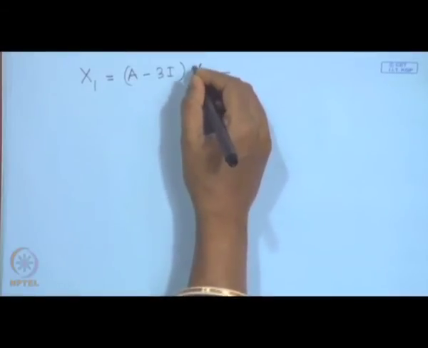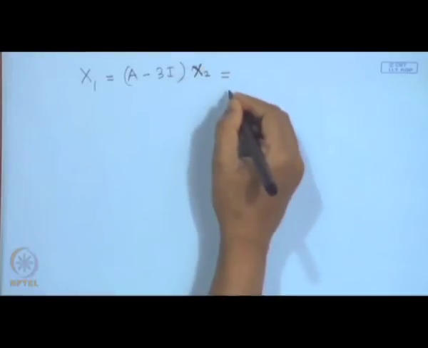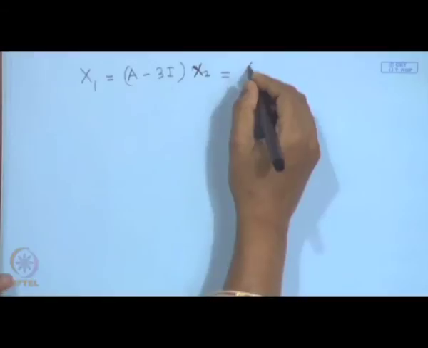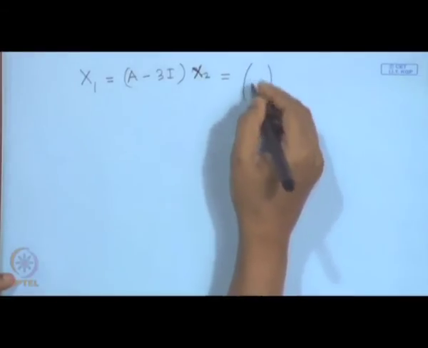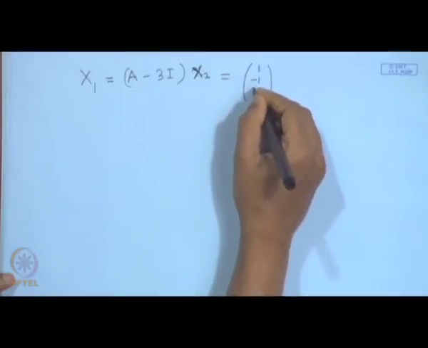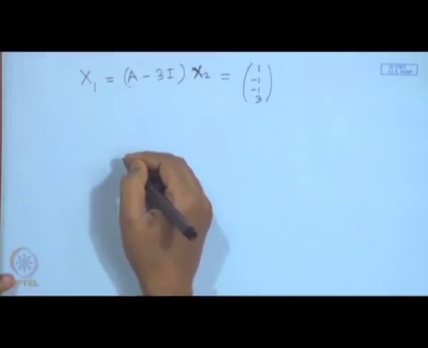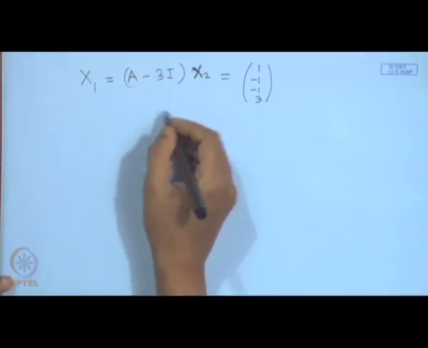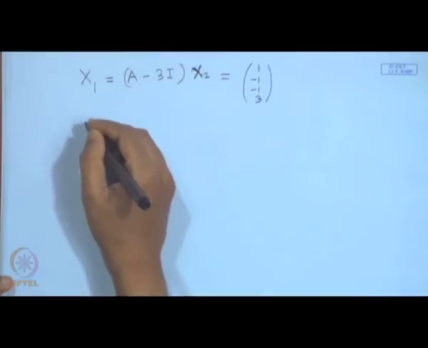Considering this as our capital X 2, we get x 1 to be the vector 1, minus 1, minus 1, 3. So now we have got x 1 and x 2.